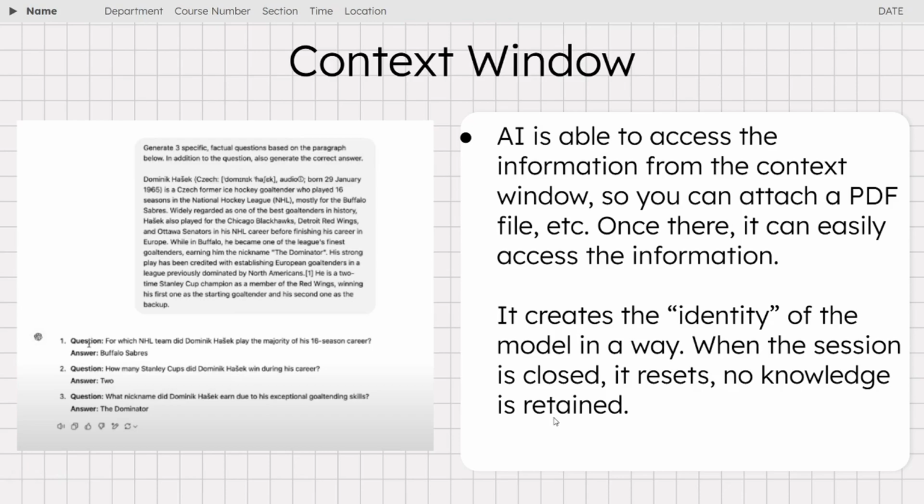No knowledge is retained or saved. It resets to blank. If you ask it about Spider-Man, it won't be able to remember Spider-Man, nor remember that you talked to it. It will be as if you were talking to a different person. Because the context window is basically the brain. It gives the memories of the interactions with you.